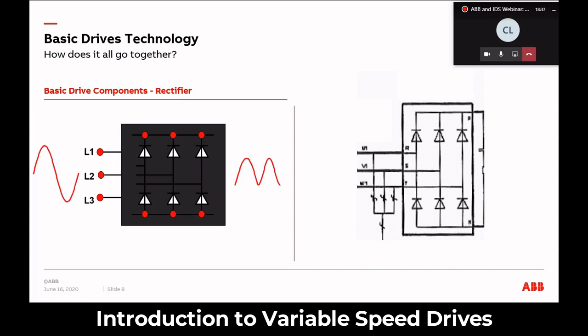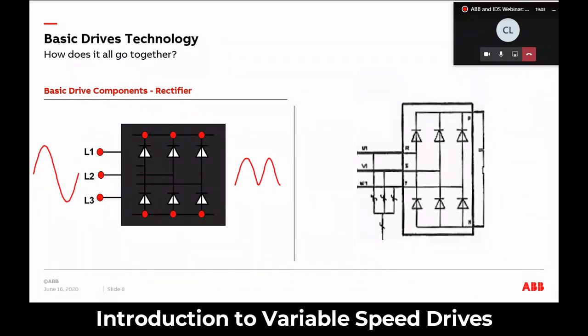So the majority of drives, or majority of what they class as 6-pulse drives, have a set of 6 diodes in there, and what those diodes do effectively is convert that AC voltage to a DC voltage, because to try and vary an AC voltage and frequency is very complex when we want to change the speed on a motor itself.